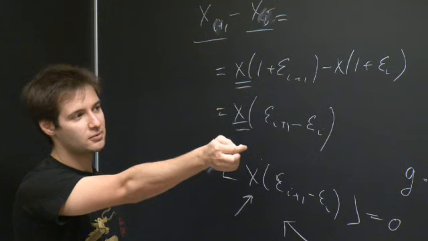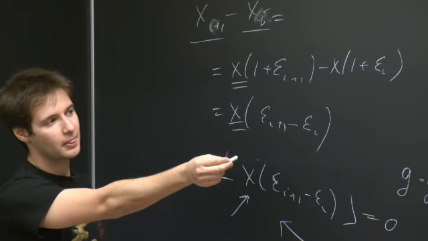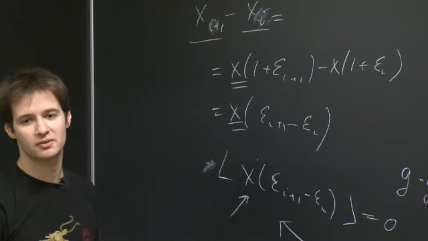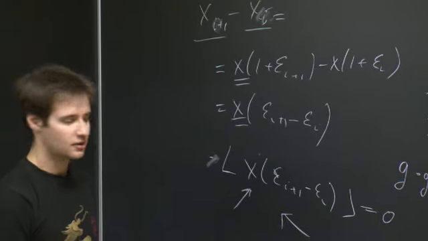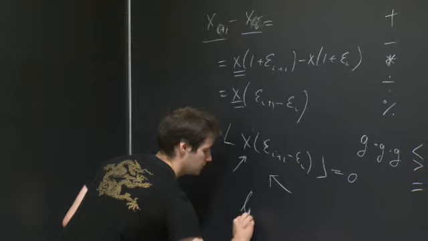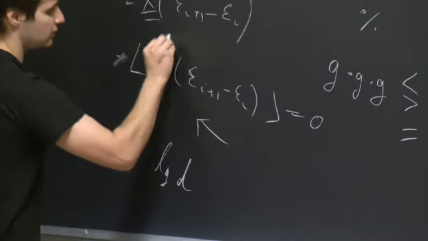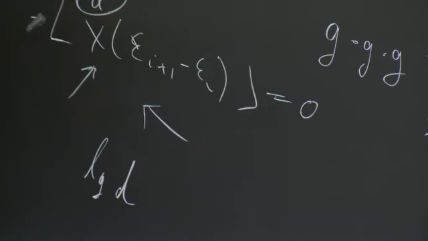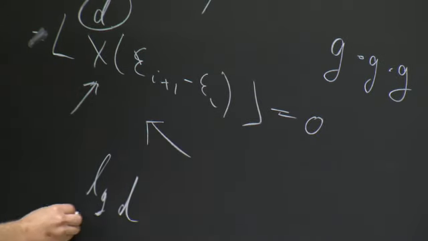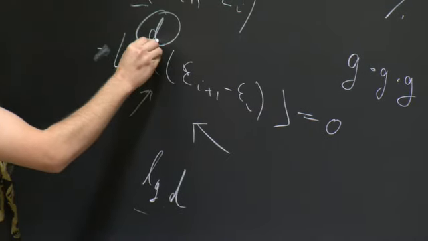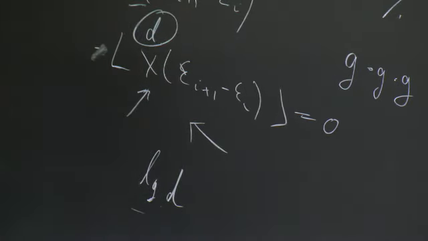So as soon as I have enough zeros in here to cancel this, I'm stopped. The number of zeros increases exponentially. So in each step, the number of zeros I have doubles. So after log d steps, I'm done. If I have d digits in here, because I'm computing it with d digits of precision, after roughly log d steps, I'll have enough zeros here to make the whole thing be 0. So this is how I know that it's fast.